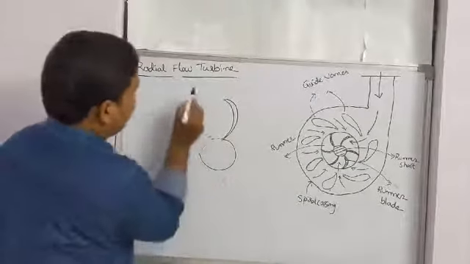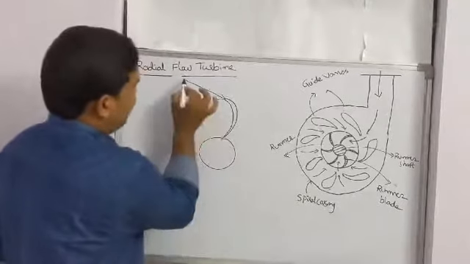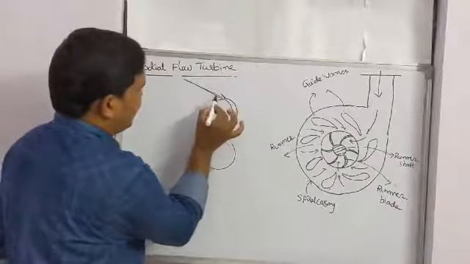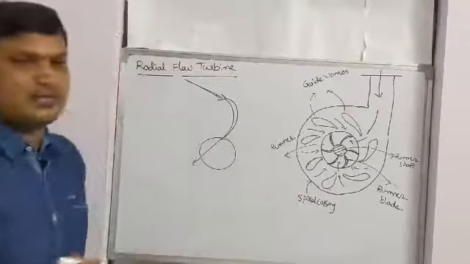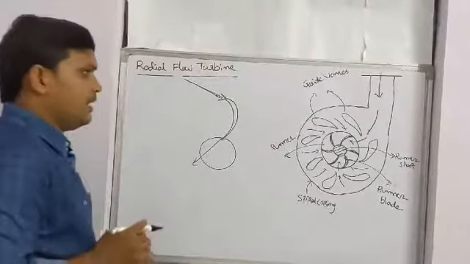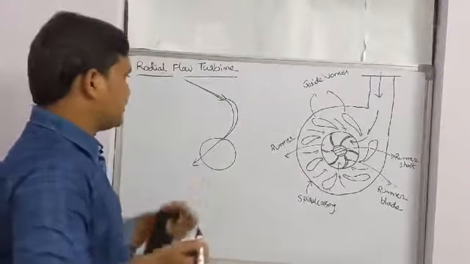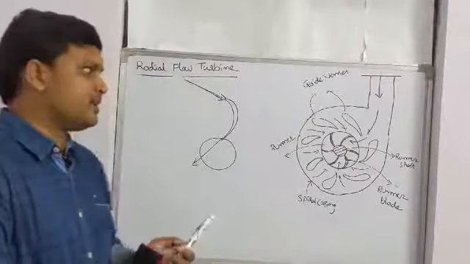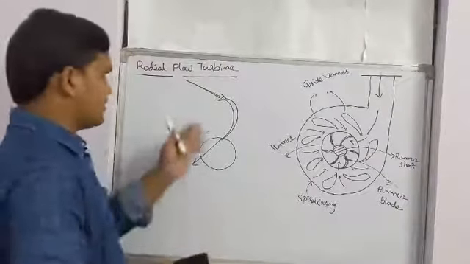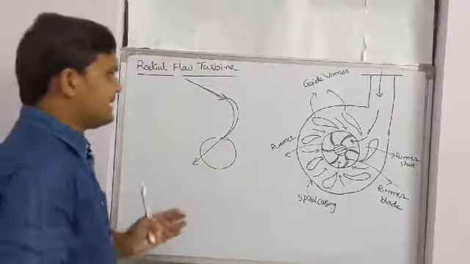The water enters radially, at one end of the radius, and leaves also radially. This is called a radial flow turbine. In the previous class we discussed radial flow, tangential flow, axial flow and mixed flow. So in radial flow, the water enters the turbine radially.